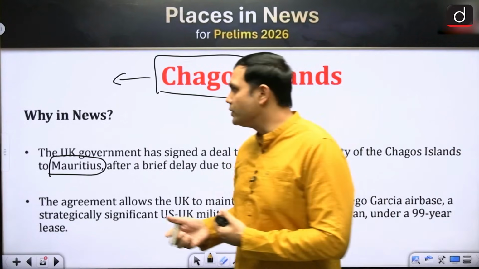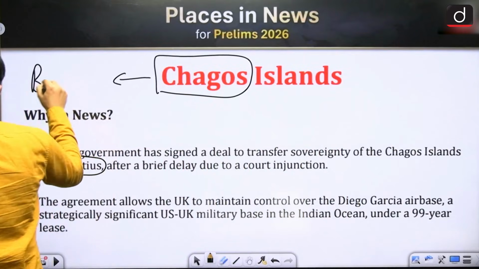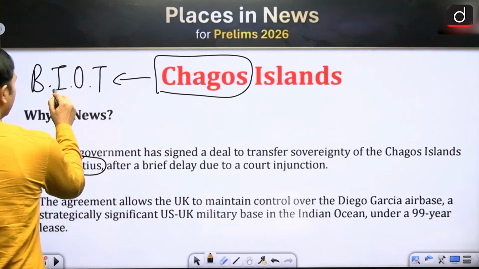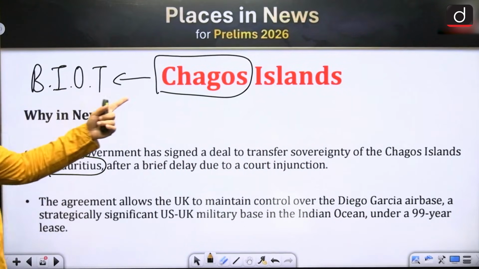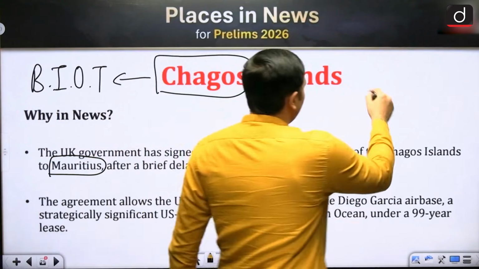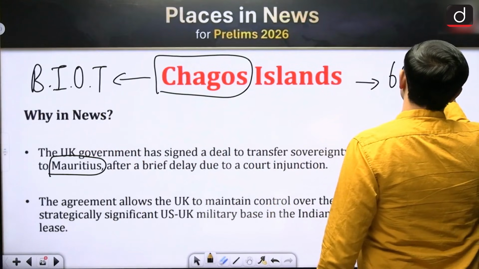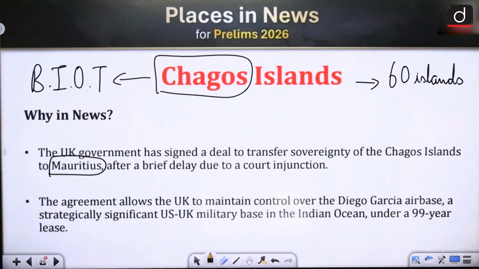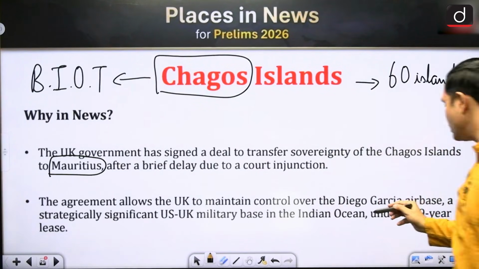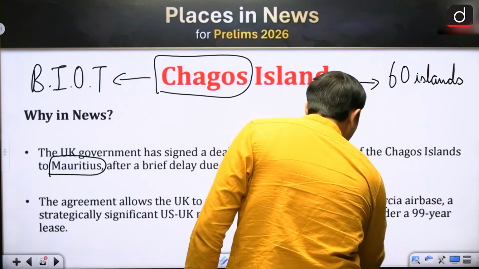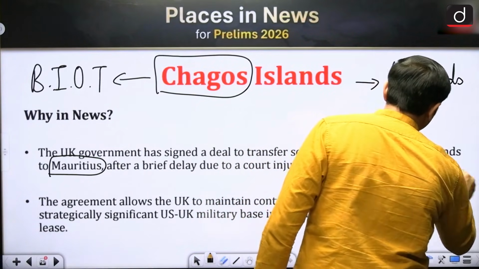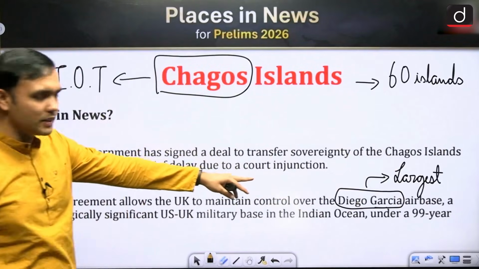Now, it is part of the British Indian Ocean Territory. This is a group of 60 islands, out of which the largest one is called Diego Garcia.